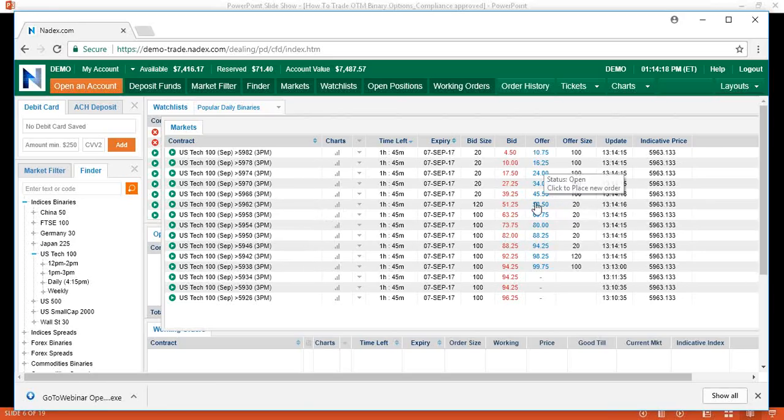So on the buy side, if I buy here and the market goes up 4 points, I mean, yes, I'm going down here, but it's now 4 points more in the money or towards being in the money. So if I buy right here, the market goes up 4 points, I should be able to sell it for 39, correct? Approximately. If I buy right here and it goes up 8 points, I should be able to sell it for 49.